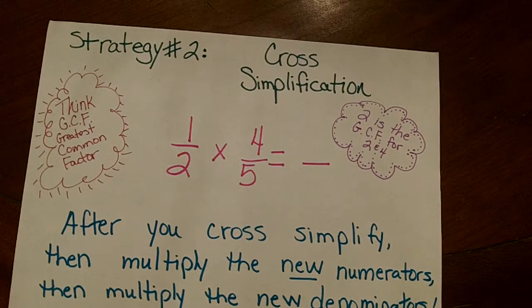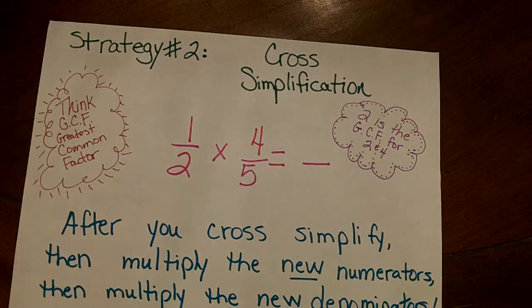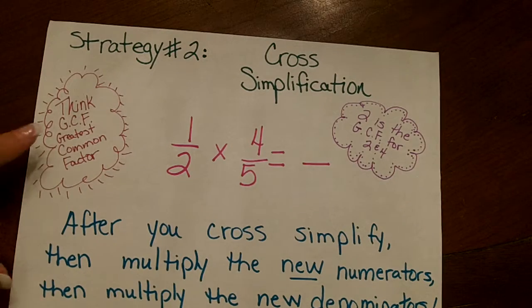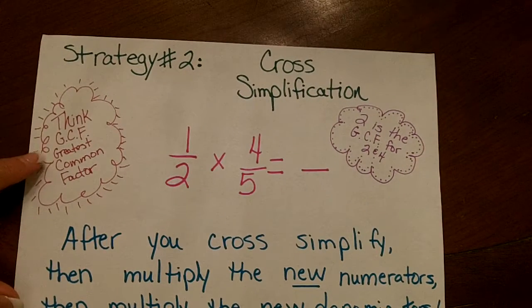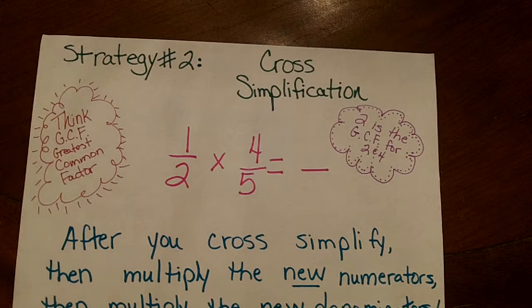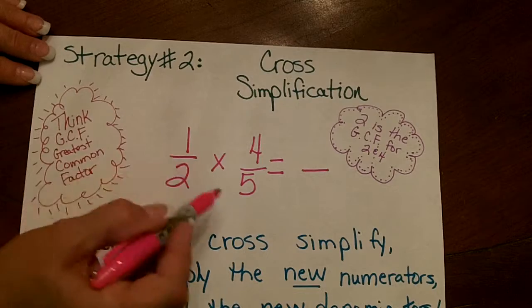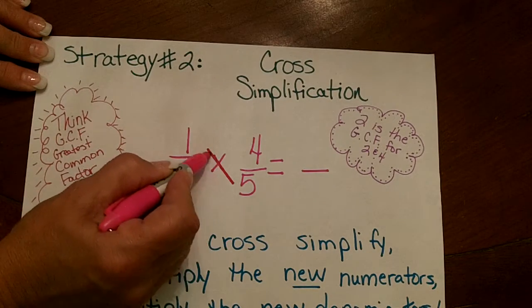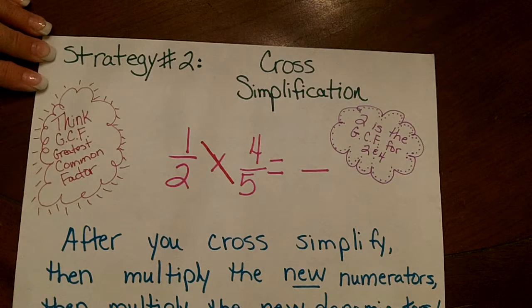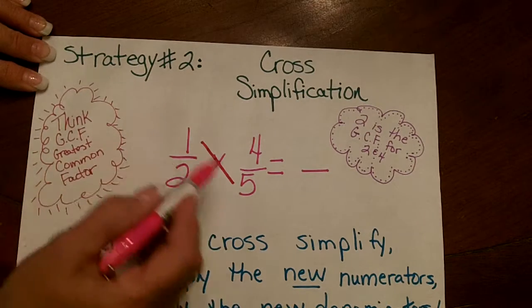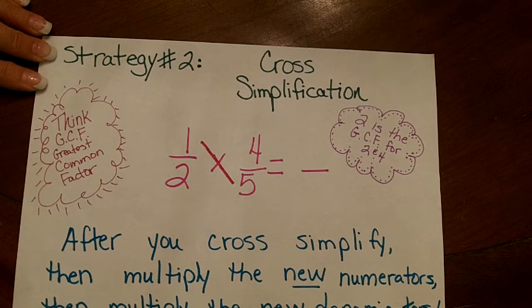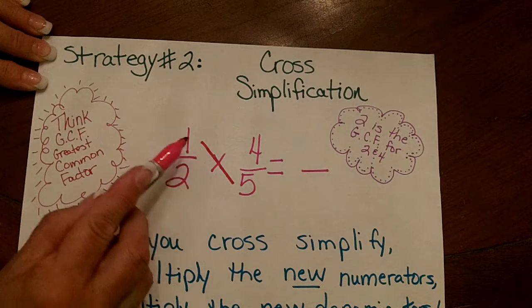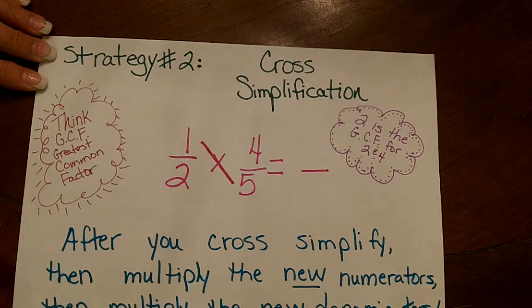Strategy number 2 is cross simplification. Now when I'm doing cross simplification, I need to be thinking of greatest common factors, GCF. Alright, now when I cross simplify, look at my multiplication symbol. Do you see how this is almost pointing to my 1 and my 5? I'm going to look here at 1 and 5, and I'm going to try to think, can I simplify these with the greatest common factor?